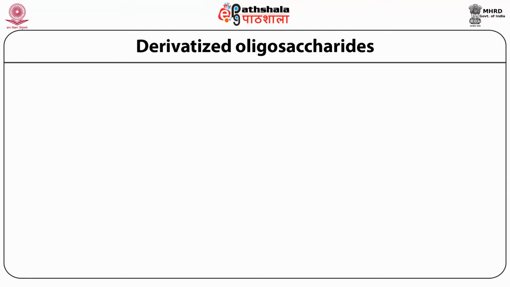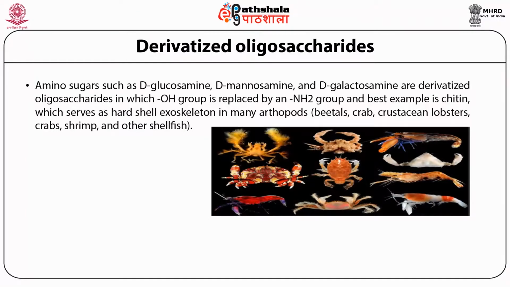One very important type is amino sugars such as D-glucosamine, D-mannosamine and D-galactosamine, which are derivatized sugars in which an OH group is replaced by an amino group. The best example is chitin, which serves as the hard shell exoskeleton in many arthropods.